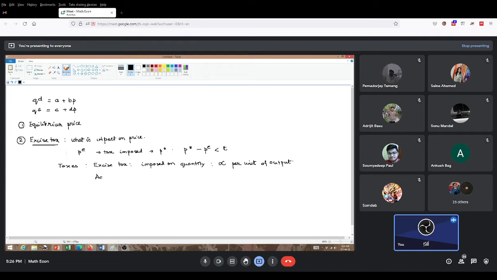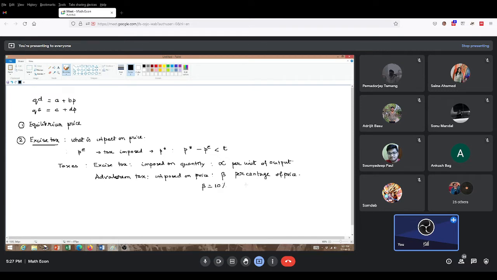The other type of tax is the ad valorem tax. This is imposed on price. So beta is basically a percentage of price. Let us say beta is 10%.